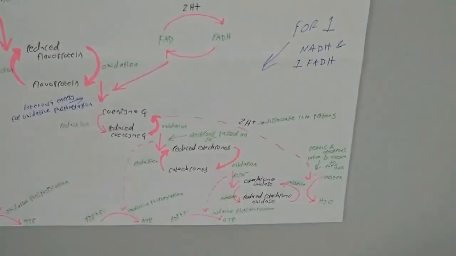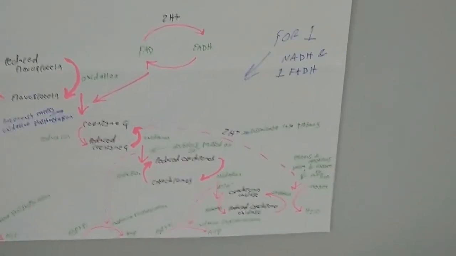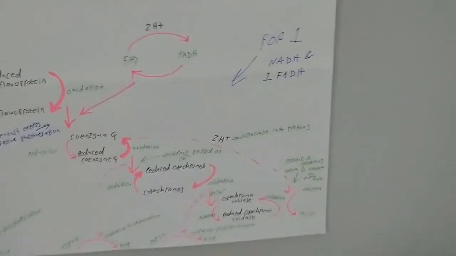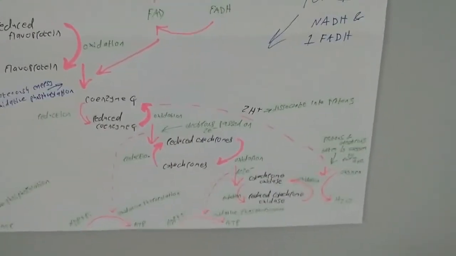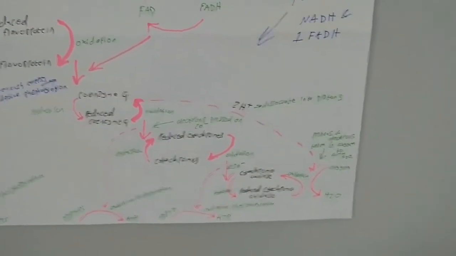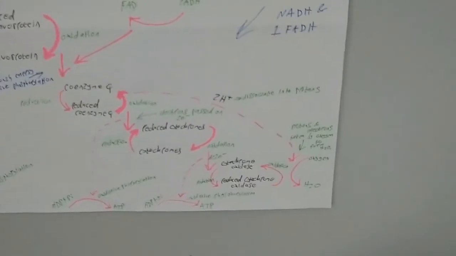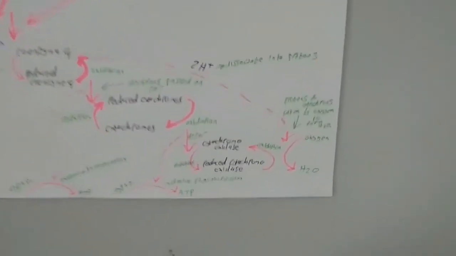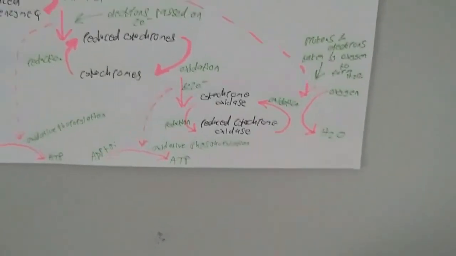Now, also at this point, hydrogen will dissociate into electrons and protons. So as we see over this dashed line, that's where the protons go. But electrons will move on to the cytochromes, and they're accepted by cytochromes, where this redox reaction also forms enough energy for oxidative phosphorylation. So as you see from here, ATP is produced by oxidative phosphorylation.